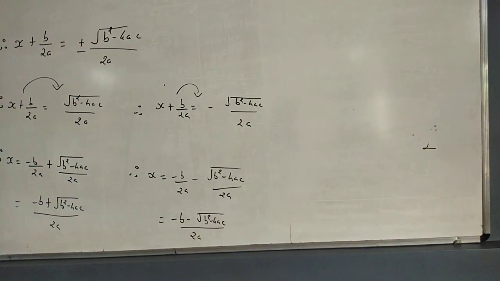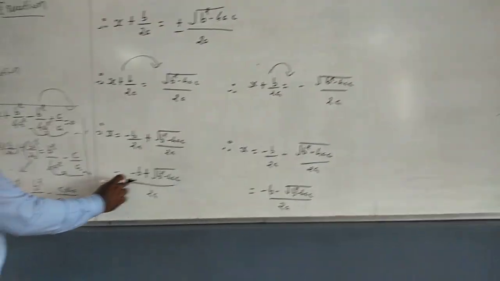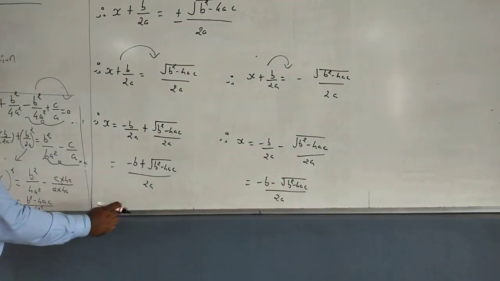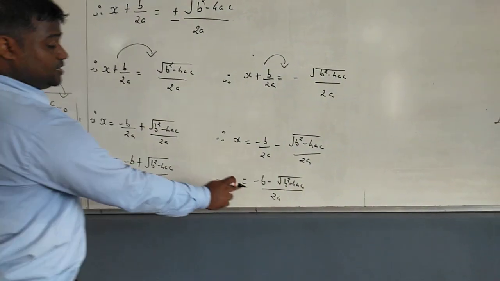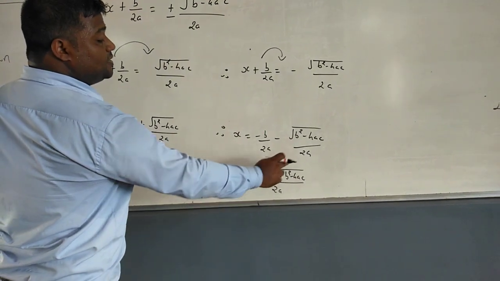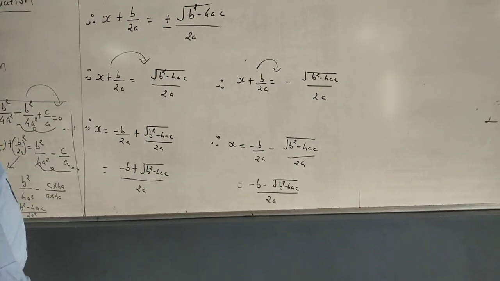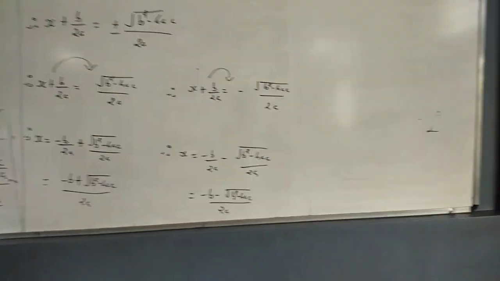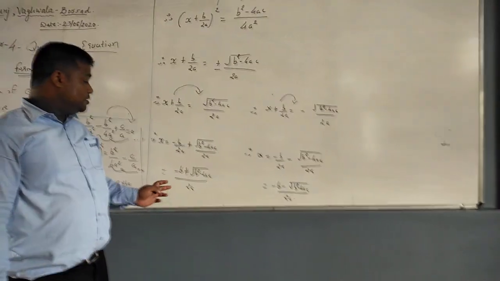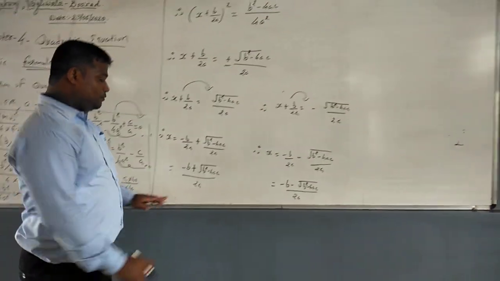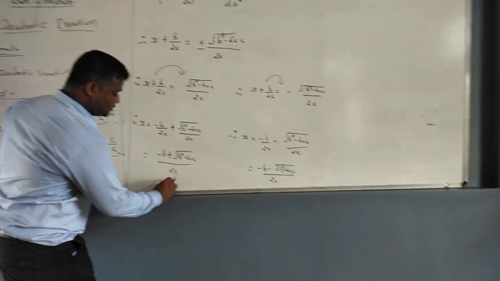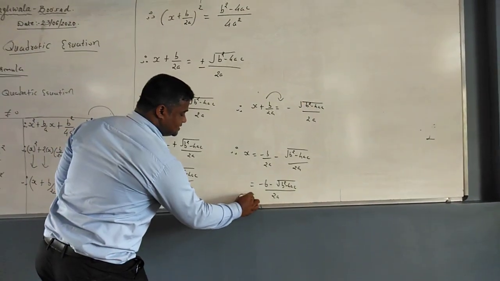How many roots are we getting? Two roots. One is (−b + √(b² − 4ac))/2a, and the other is (−b − √(b² − 4ac))/2a.